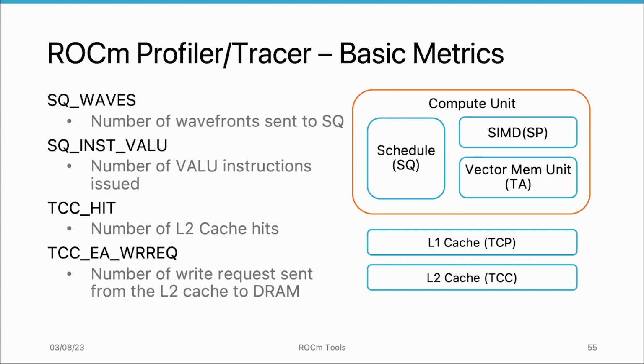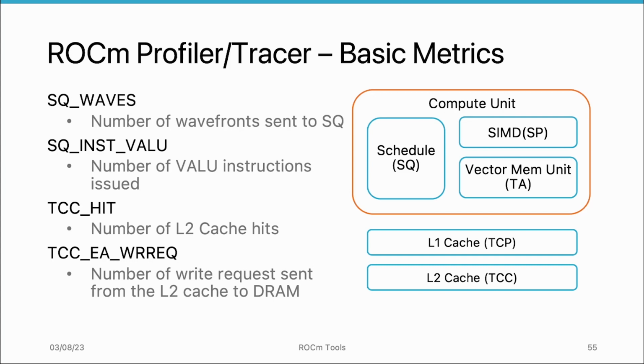These subcomponents are abbreviated by their respective short forms and the counters are named after these abbreviations. The slide shows some of the hardware counters including SQ_WAVES, which displays the number of wavefronts, and SQ_INSTS_VALU, which measures the number of SIMD instructions executed. The TCC_HIT counter represents the L2 cache hit count.